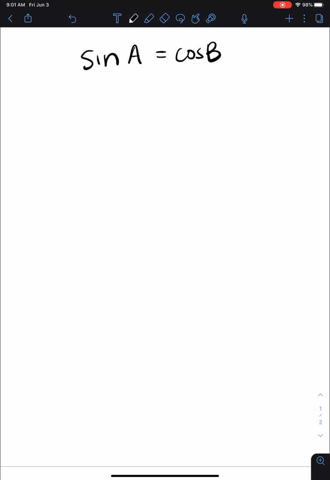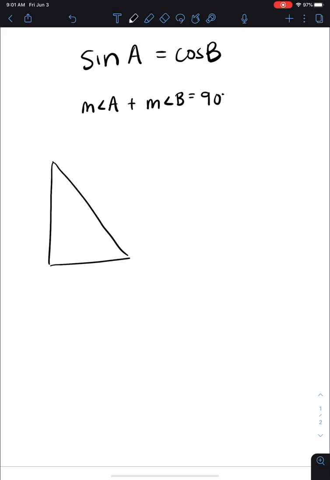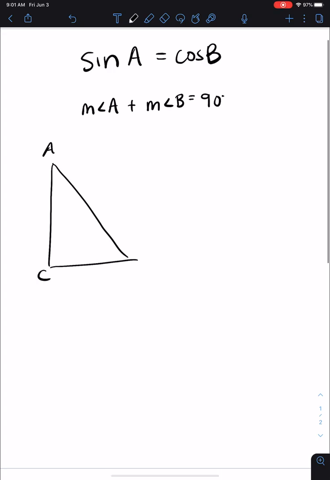So we spoke a lot about how sine of A is equal to cosine of B when the measurement of angle A plus the measurement of angle B is equal to 90 degrees. So when A and B are complementary, that's when sine of A will be equal to cosine of B. We see this in a scenario where I draw a triangle ABC.